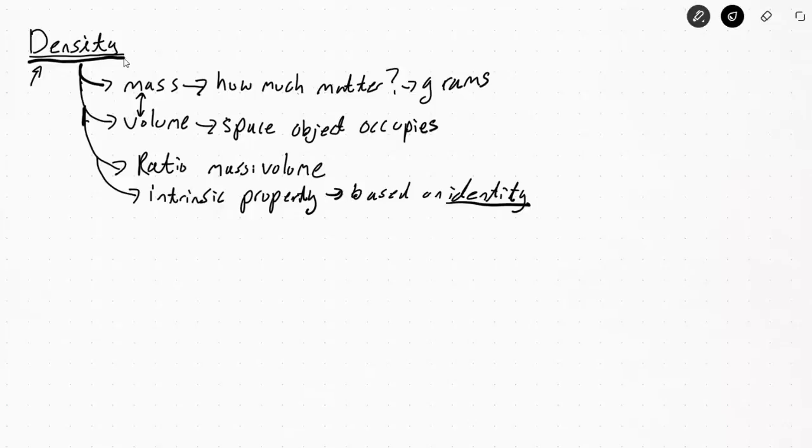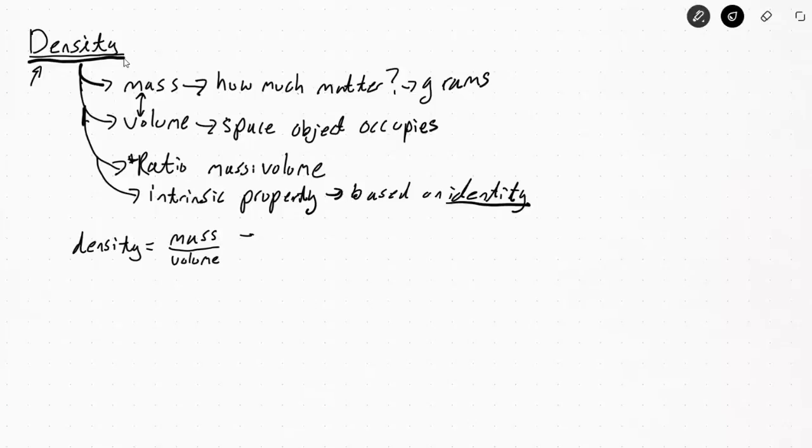Let's talk about how we can find density and how we represent it. So when we're talking about density, we set up here just a ratio of mass to volume, which means that density is always equal to the mass of an object divided by its volume.